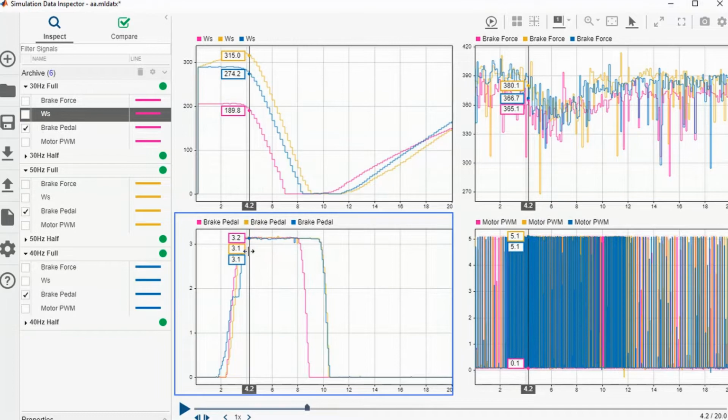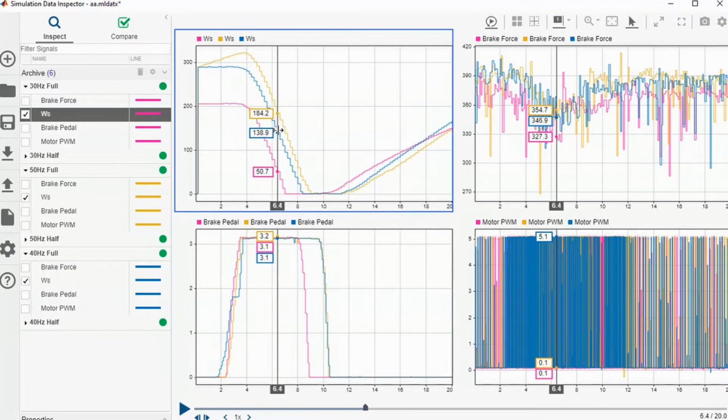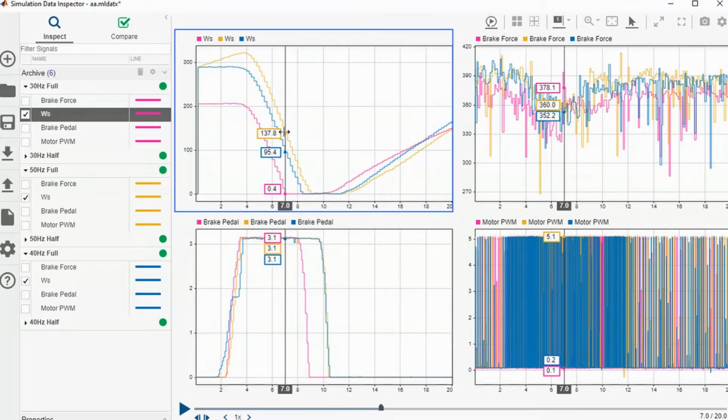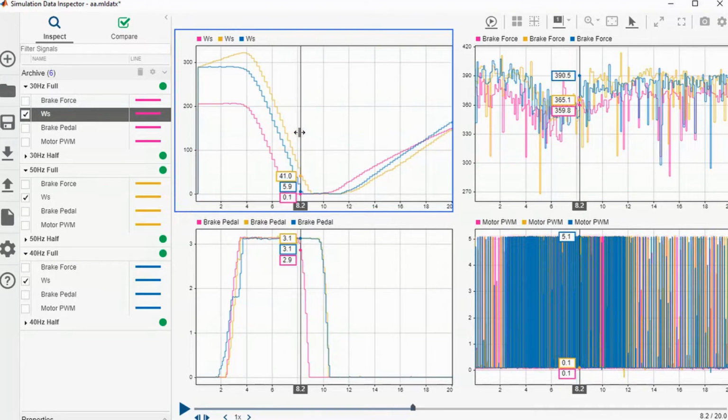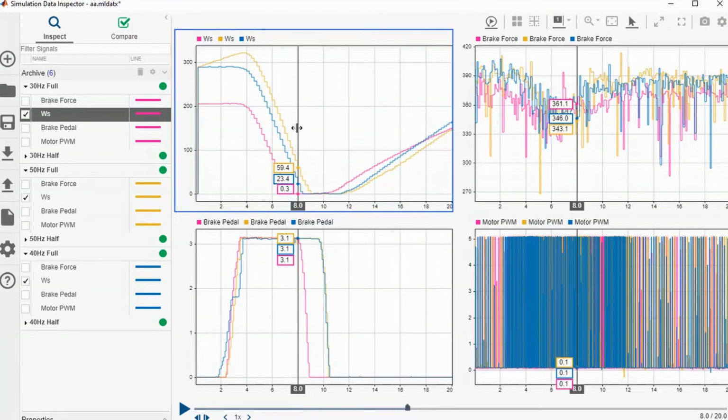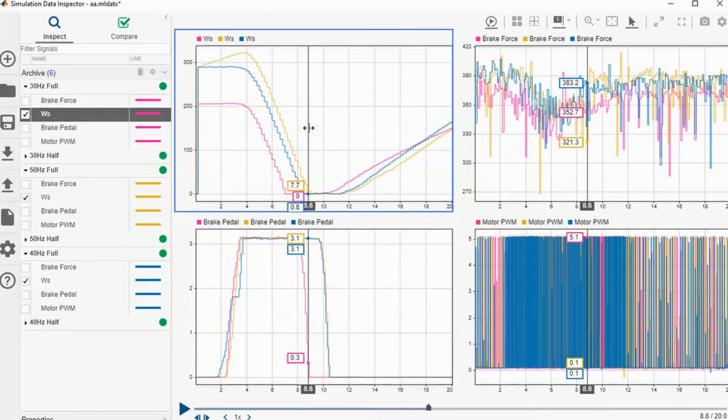So as you can see here, the lower speed, which is the input of 30 hertz, reaches the 0 point first. The second speed that reaches 0 point is 40 hertz, and the third speed is 50 hertz.